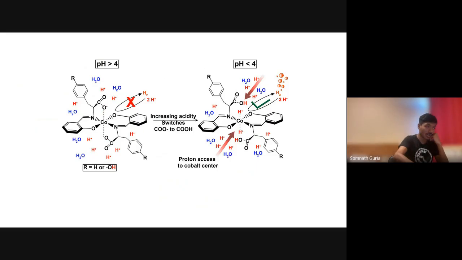This COO minus coordinates with the cobalt metal center, making a saturated coordination site for the cobalt. So in that case there is no chance for a proton to bind to the cobalt center, and they found that no catalysis happens. So coordination saturation happens.